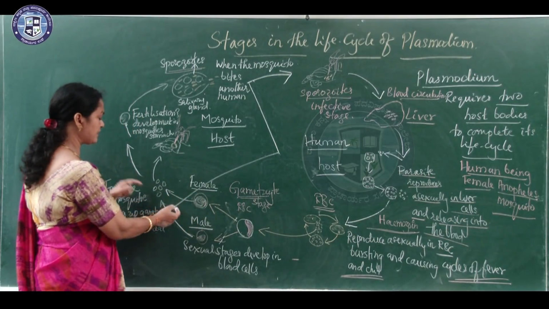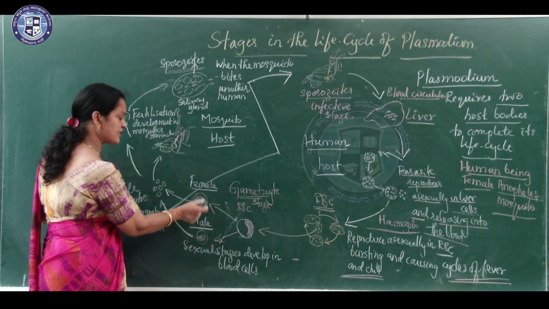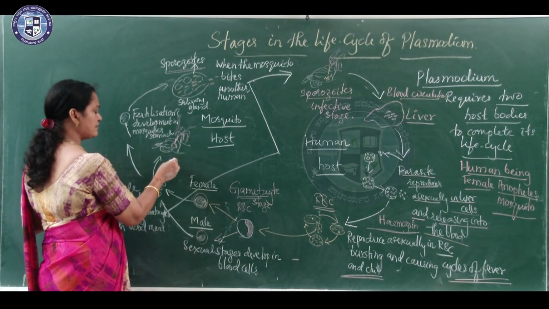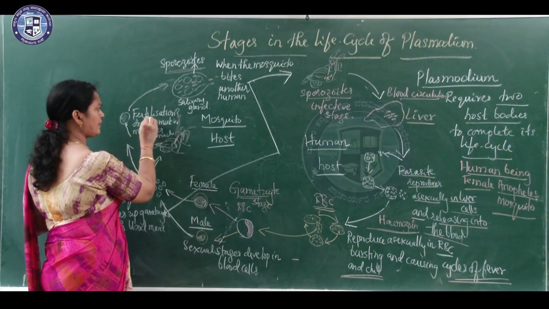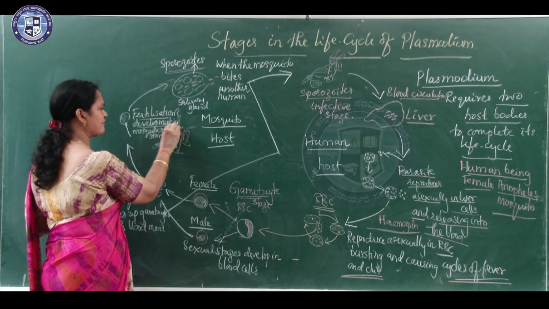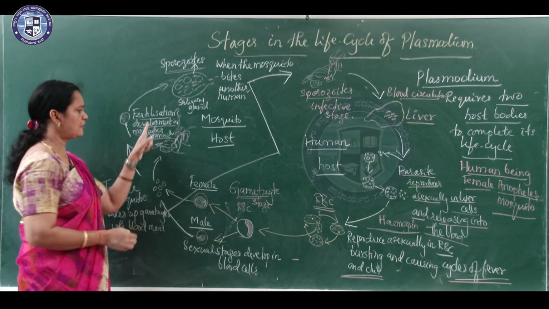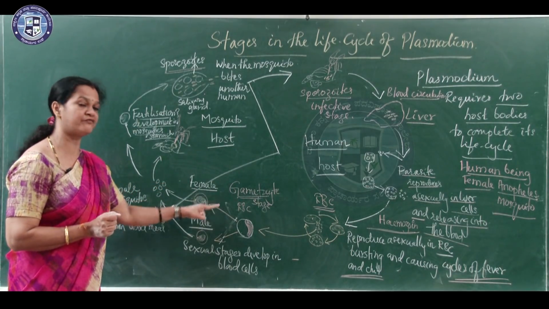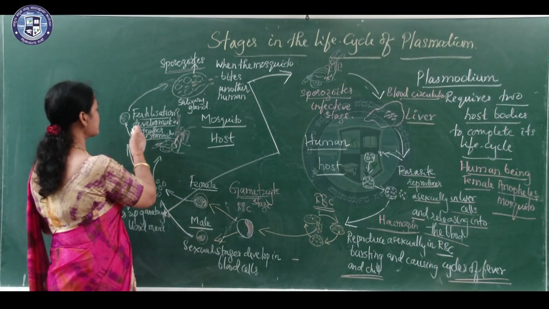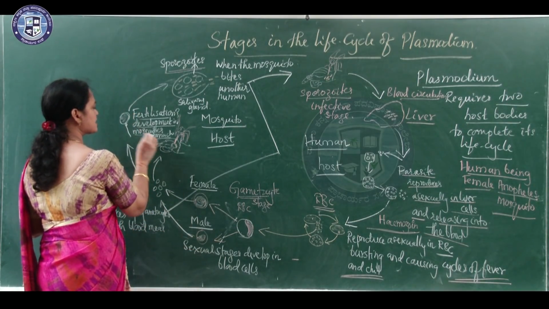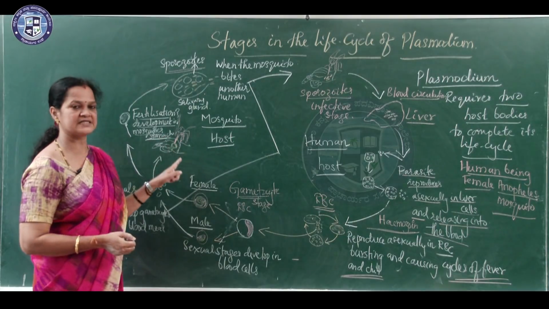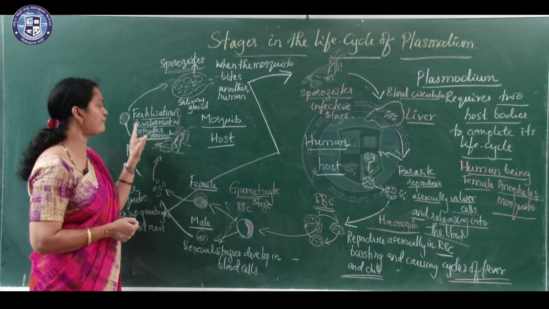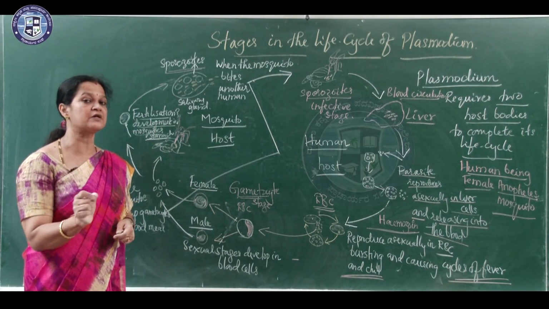What further development? See here, the gametocyte stages are taken along with the blood meal, and then fertilization and development take place. Fertilization means fusion of the male gametocyte with the female gametocyte, and that takes place in the stomach of the mosquito, followed by development.